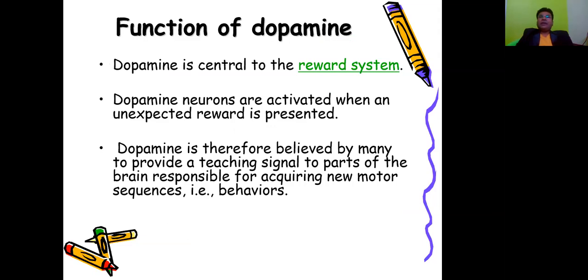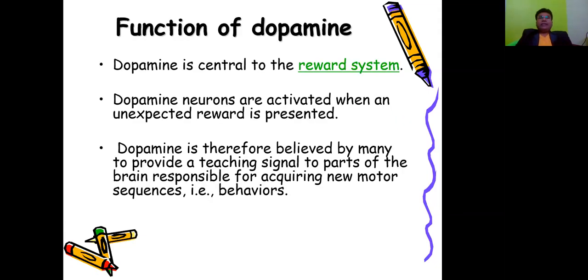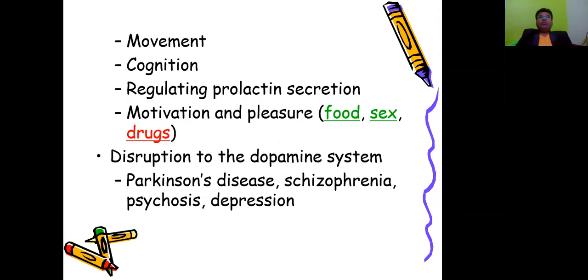Dopamine is therefore believed by many to produce a teaching signal to the parts of the brain responsible for acquiring new motor sequences such as behaviors, movement, cognition, regulating prolactin secretion, motivation and pleasure like food, sex, and drugs. Disruption of the dopaminergic system occurs in Parkinsonism, schizophrenia, psychosis, and depression.